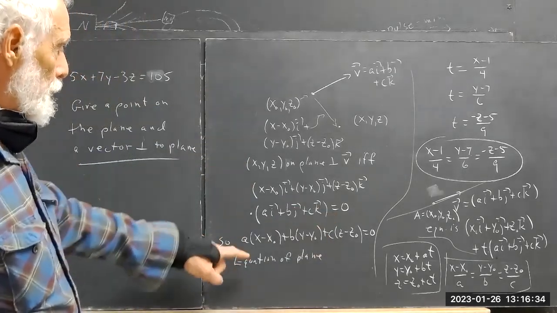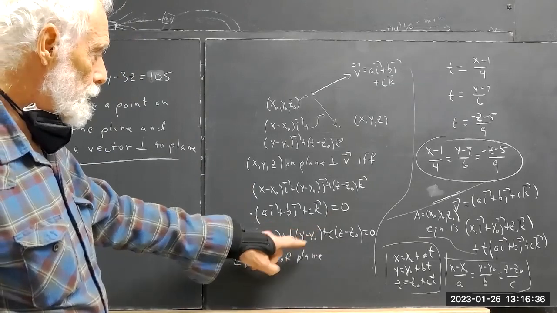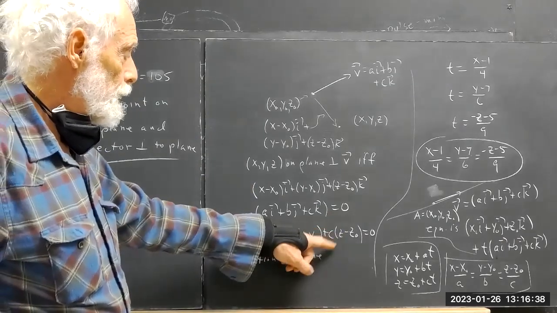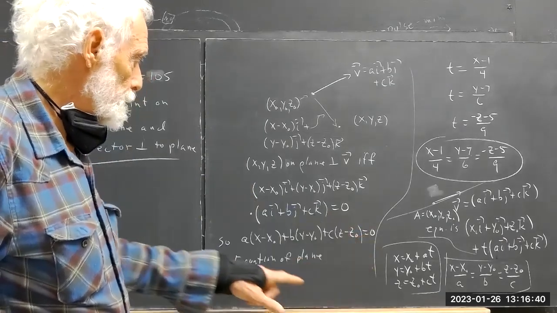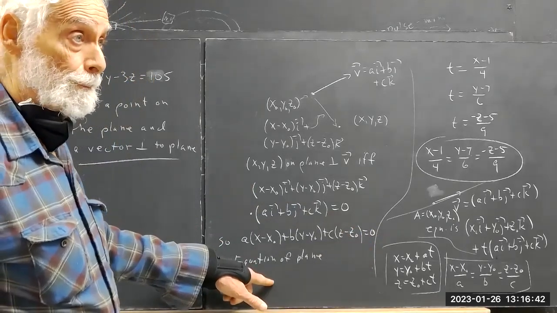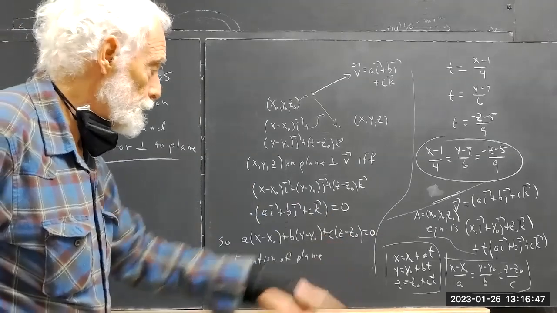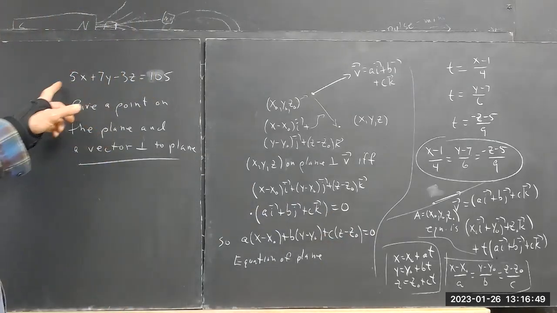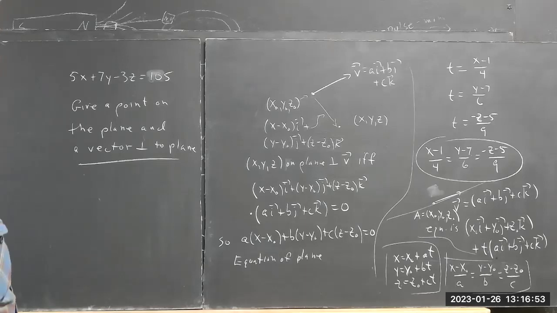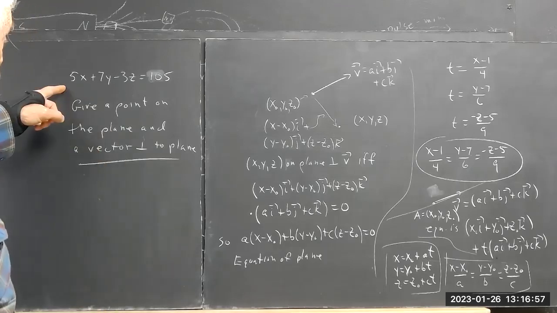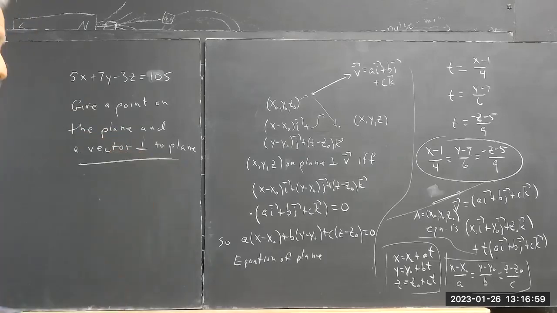You just do the dot product to get A times (x minus x naught) plus B times (y minus y naught) plus C times (z minus z naught) equals 0, and that's the equation of your plane. X, Y, Z is on the plane if and only if it satisfies that. I promise you it's the equation of the plane. Give me a point on the plane and give me a vector perpendicular to the plane.